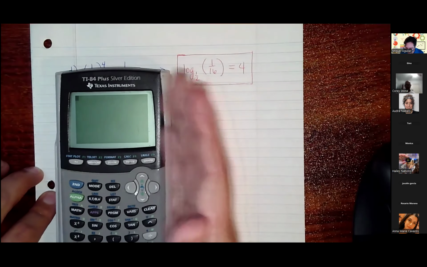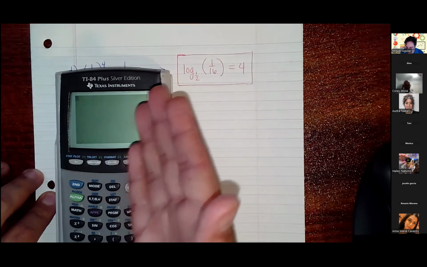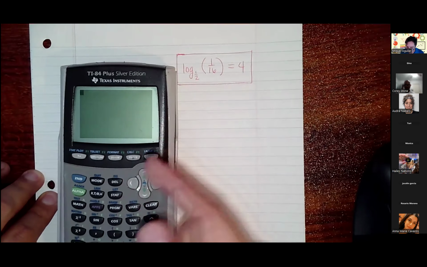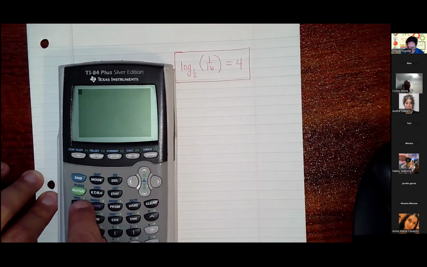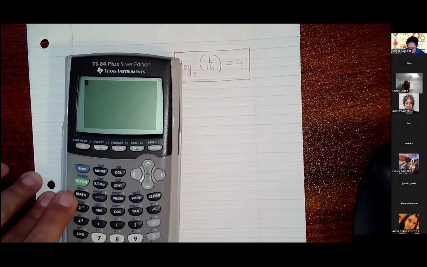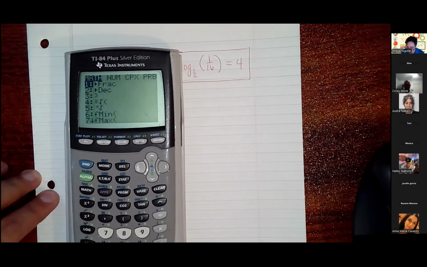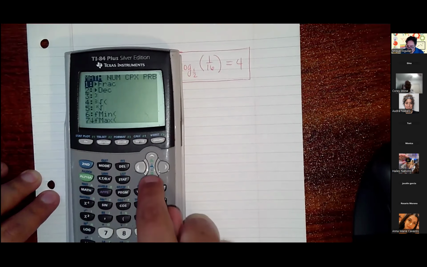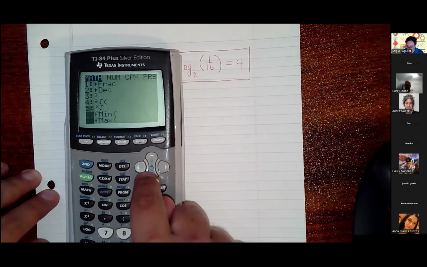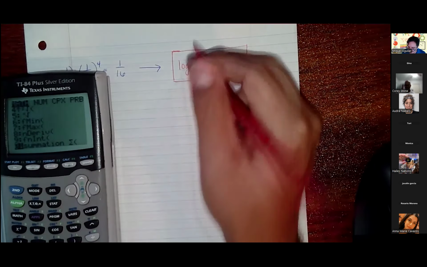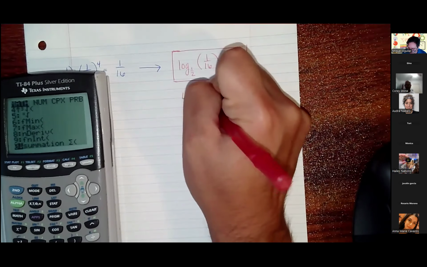So if you have a TI-84 or a better model, what you're going to do is click on the math button, okay? Math button should be on the left side, right under the alpha button. Then we're going to scroll all the way down until we find something that says log base.